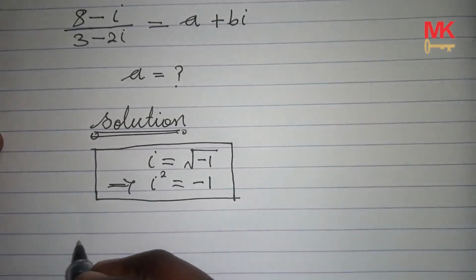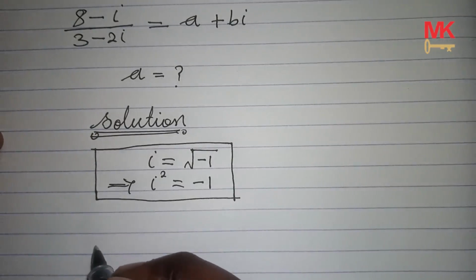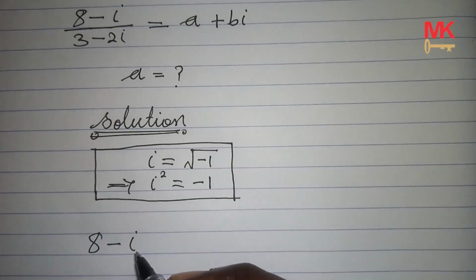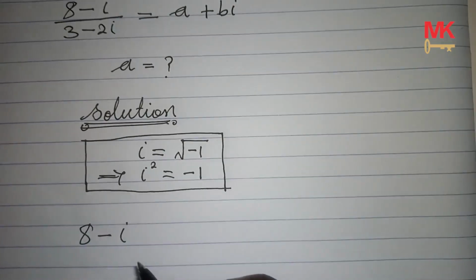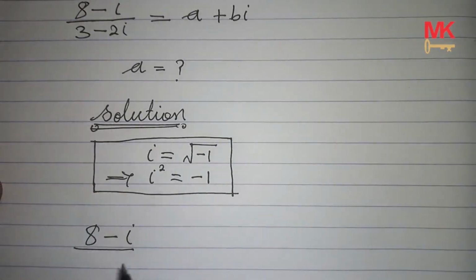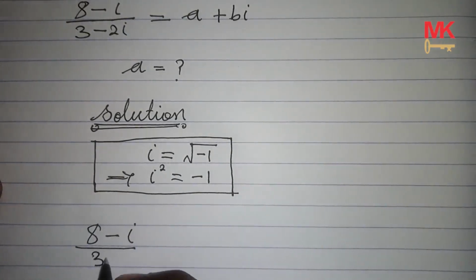conjugate. So we are given 8 minus i divided by 3 minus 2i.